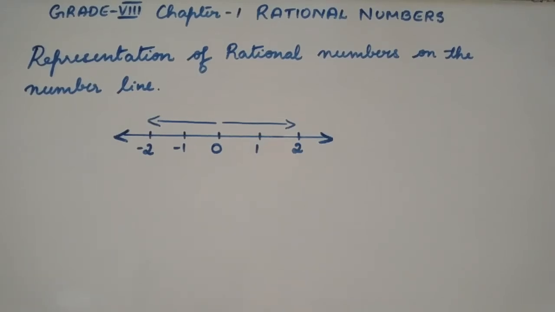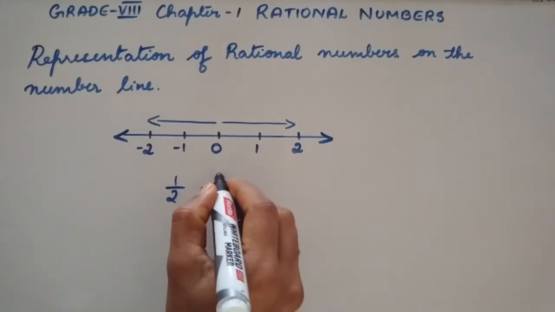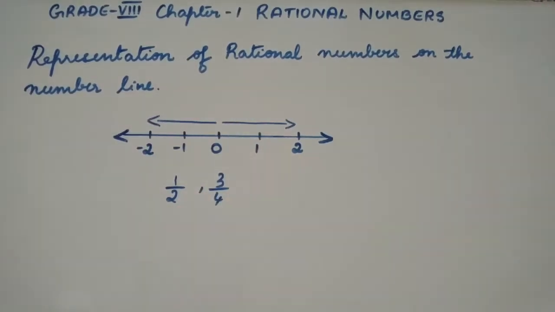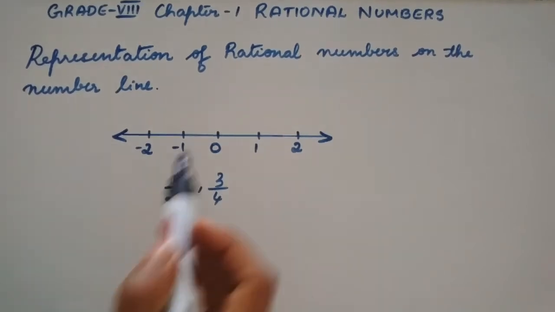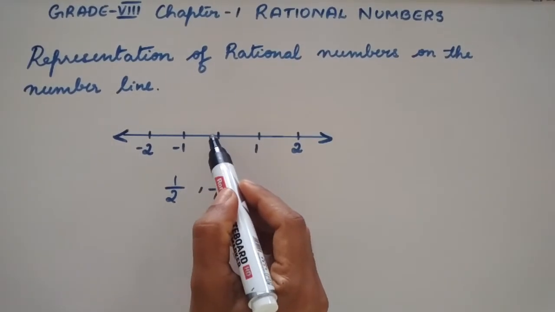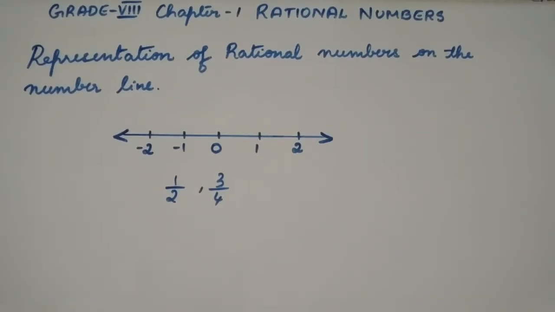But how do we represent numbers like 1 by 2, 3 by 4, etc.? Before we understand how to represent these numbers, we need to understand an important point. Every integer except 0 has a corresponding integer.